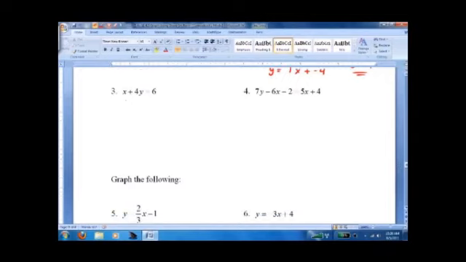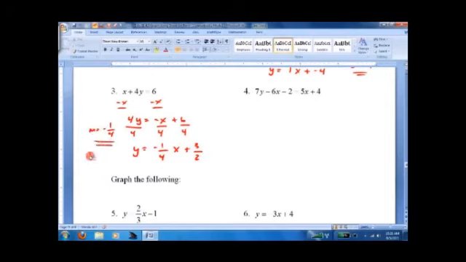X plus 4y equals 6. Now we get some stuff that looks a little bit more challenging and something we'd expect to see in a real problem. Divide by 4, divide by 4, divide by 4. Y equals -1/4 x plus 3/2. Some slightly ugly numbers, but that's fine. M equals -1/4. B equals 3/2. Over here we've got a big mess, which is fine.